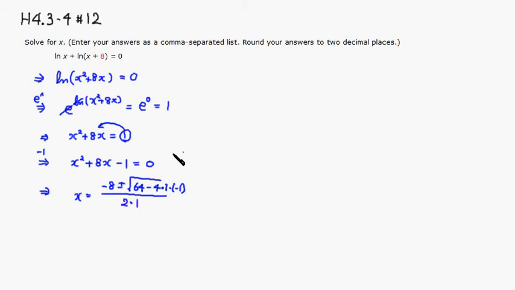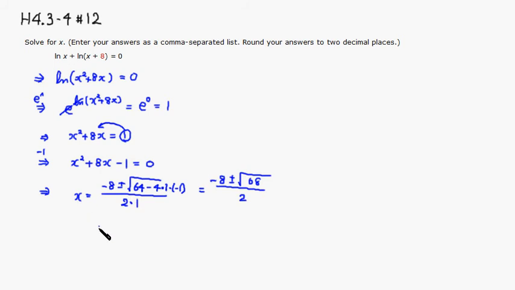Then we can simplify that. So that's negative 8 plus or minus the square root of 64 plus 4, so it's 68 over 2.